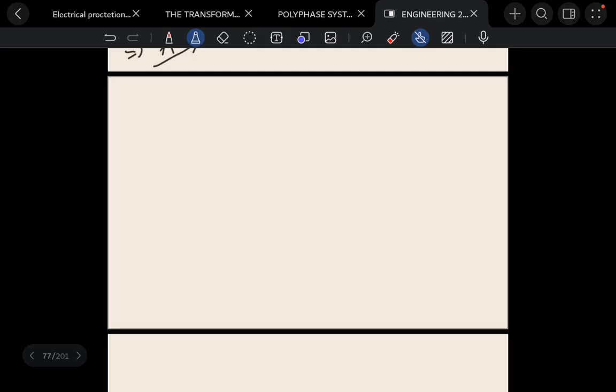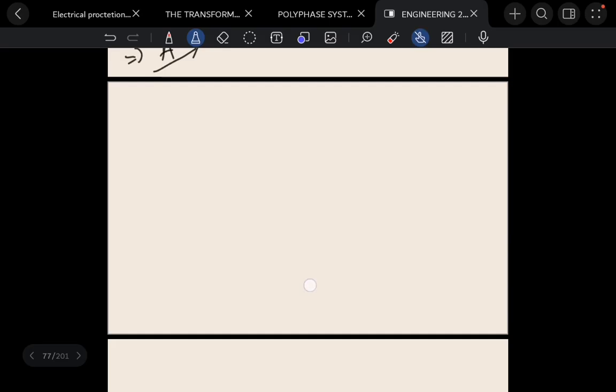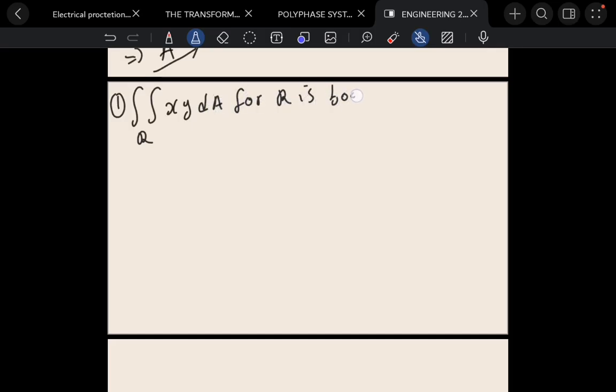Let us look at the second one. The second one, I'm going to have the double integral of xy dA, for R bounded by y equals the square root of x and y equals x cubed.